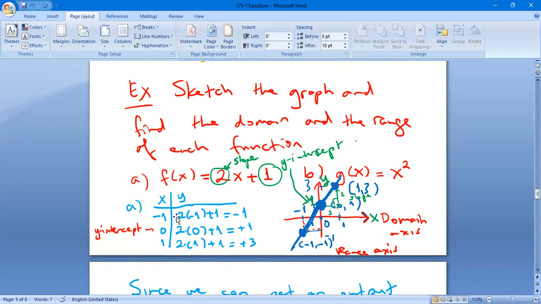So -1 will become 2 times -1 plus 1, that's -2 plus 1, which is equal to -1. If we plug 0, then we get 2 times 0 plus 1, that's equal to +1. And if you plug 1, 2 times 1 plus 1, that's equal to 3. So these points are here. This is (-1, -1). This is (0, 1). And this third point is (1, 3).